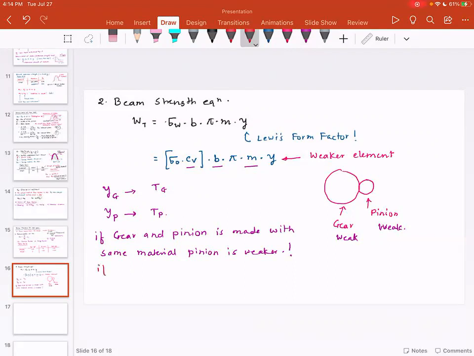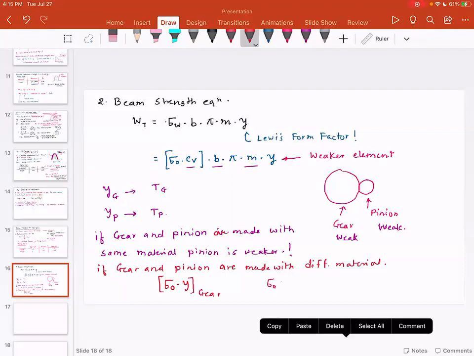But if gear and pinion are made with different material, what we need to do is find out the product of sigma O times y for the gear, and the product of sigma O times y for the pinion.